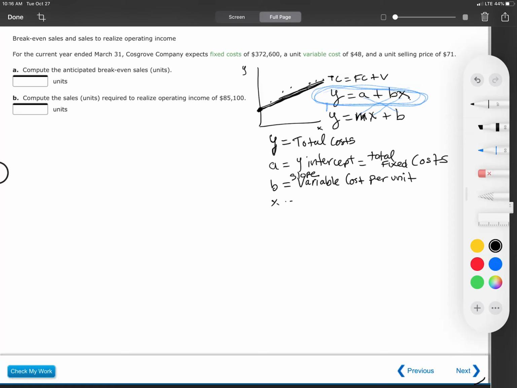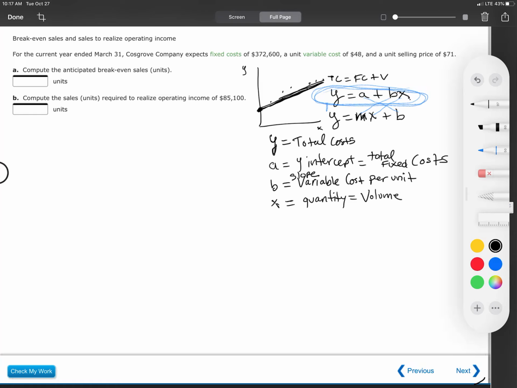Now, X in algebra is called quantity, and we could still call it quantity in accounting, but the textbook is going to call it volume. An increase in volume is an increase in quantity. Now, if you know any three of these variables, you can predict the fourth variable, and that's what algebra does. Find the value of an unknown variable.